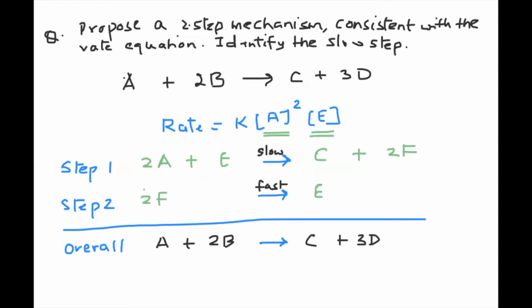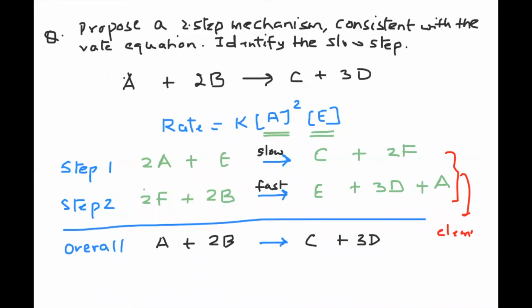And now what's missing from the overall equation that we haven't accounted for is B. So we'll put 2B on the left hand side. On the right, we still have to account for 3D. So let's put that. And we need to cancel one of the A's out because our overall equation only has one A and we have two A's in the first step.